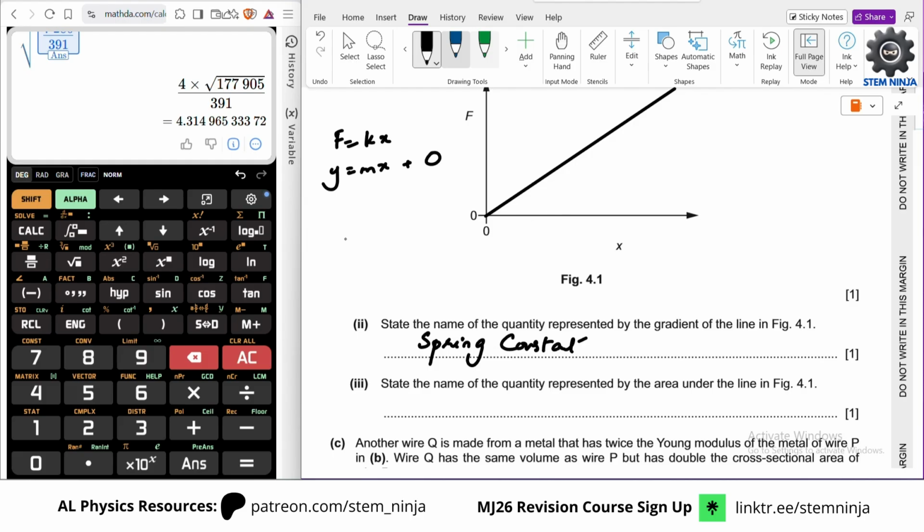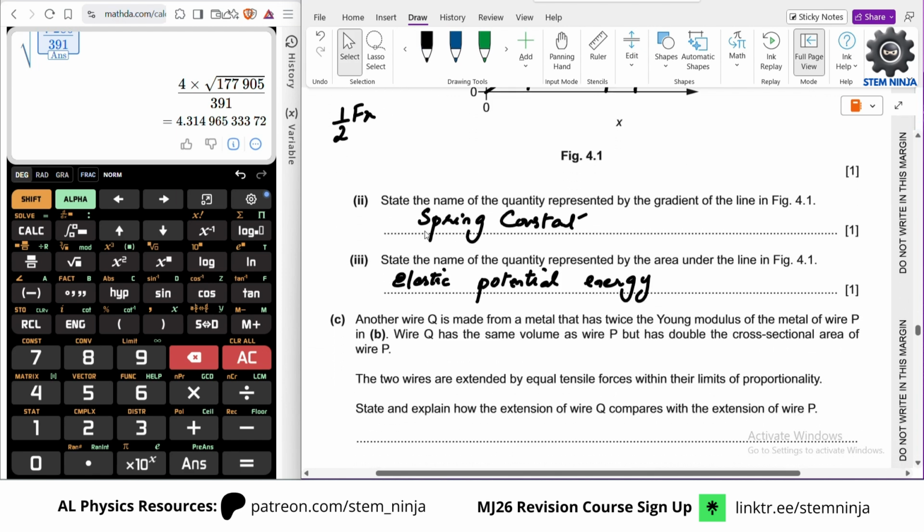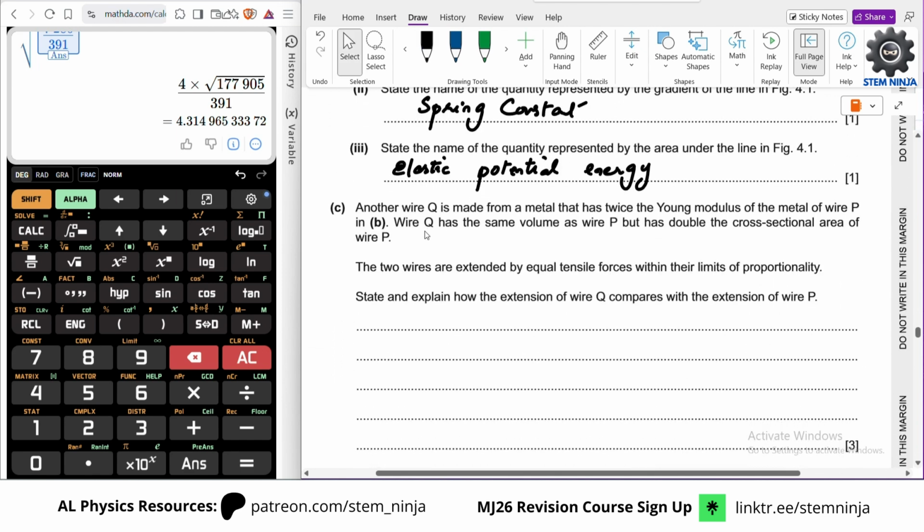And the area, which is half Fx, is your elastic potential energy. You can also say that this is the work done. However, elastic potential energy is more like it.